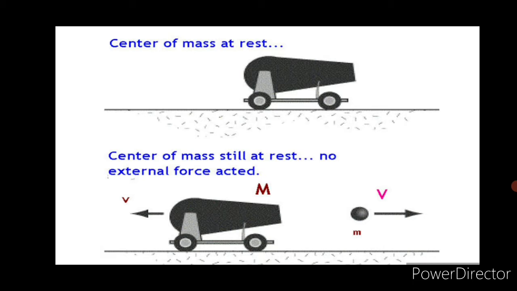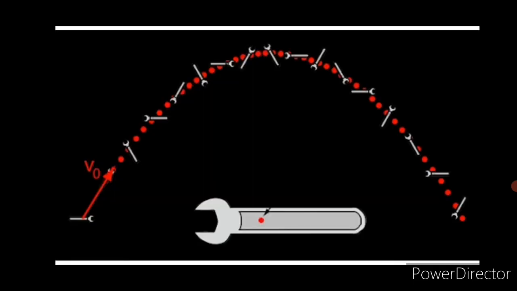When the cannon gives out the shell, there is no external force acting on the system. Hence, these internal forces are not changing the state of center of mass.